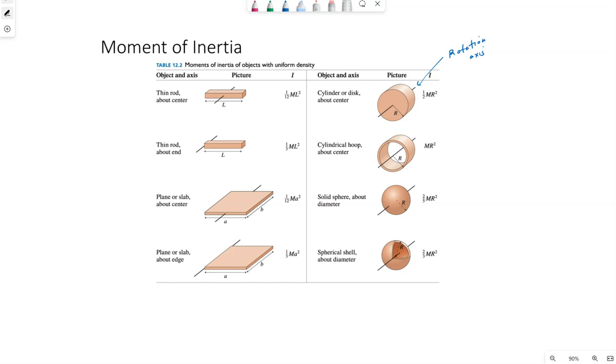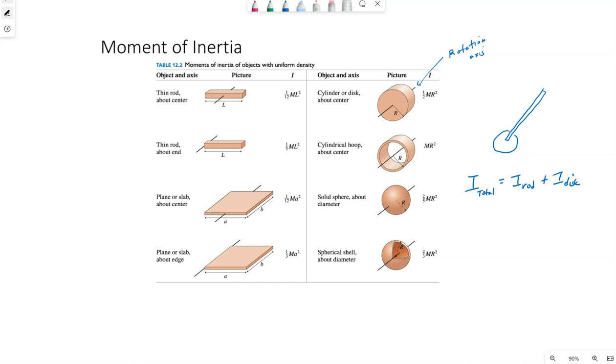If this table does not include what we have, so for example, the picture I drew, maybe we had the thin rod and the disc, I can find I total by taking I of the rod itself plus I of the disc at the end.